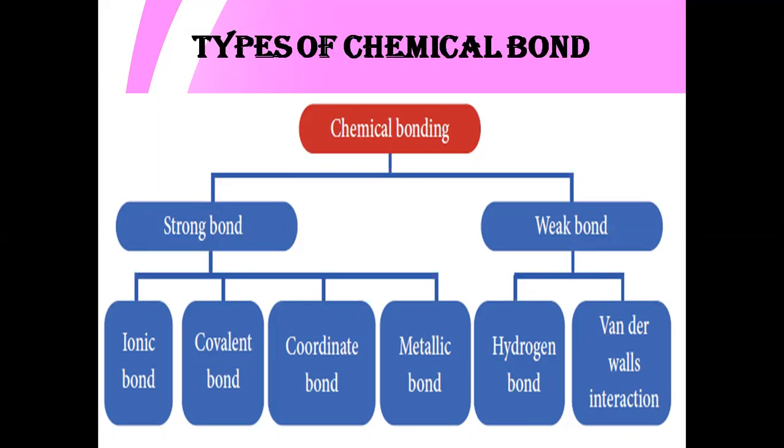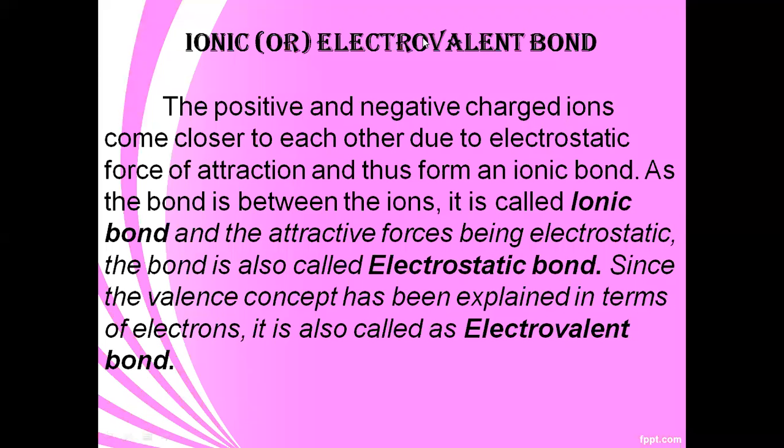Okay, so the first one is the ionic bond or electrovalent bond. How is this chemical bond formed? The atoms transfer, that is gain or lose, electrons to form a bond.